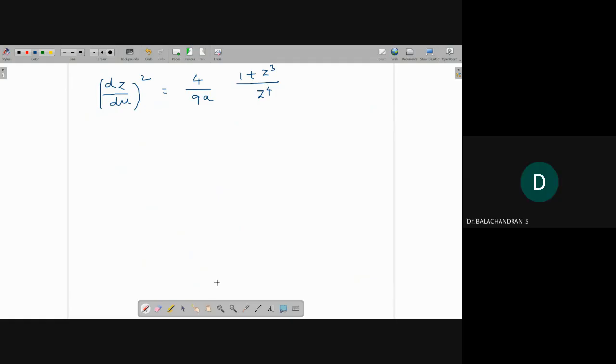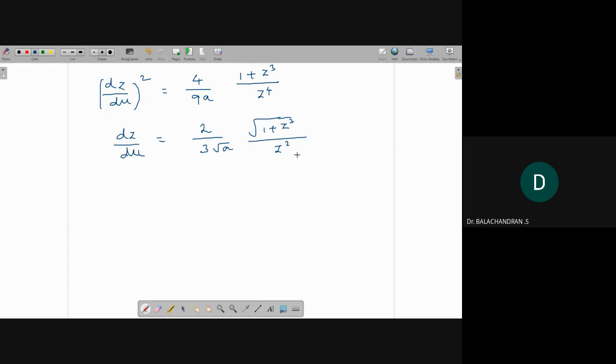So now from this, dz by du equal to plus or minus; I'll take the positive value, 2 by 3 into root a into root of (1 plus z cube) by z square after taking the root.